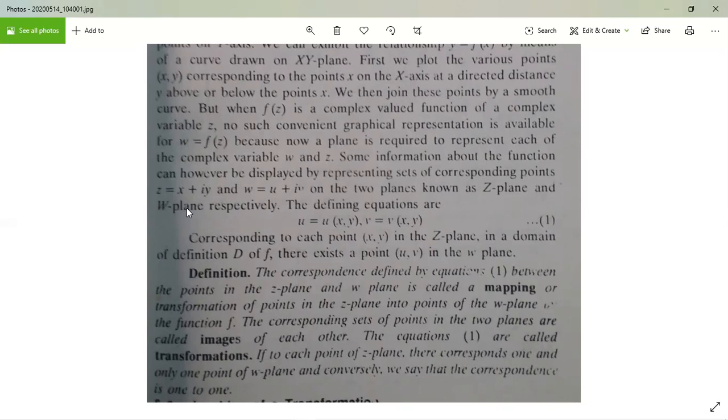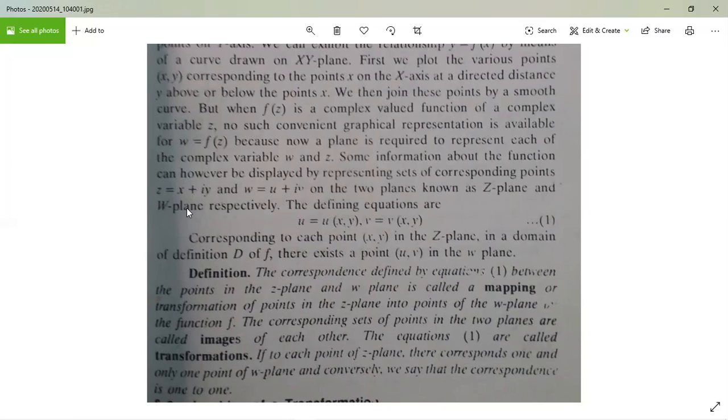When we plot the curve, we can take the value of y corresponding to the value of x. When we move x in the x-axis, which is taken in the horizontal direction, and the y-axis in the vertical direction, both are orthogonal to each other, or we can say perpendicular to each other.